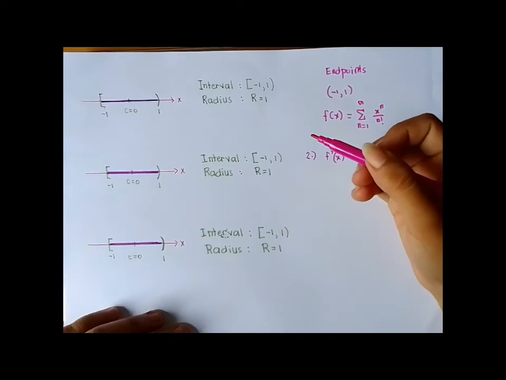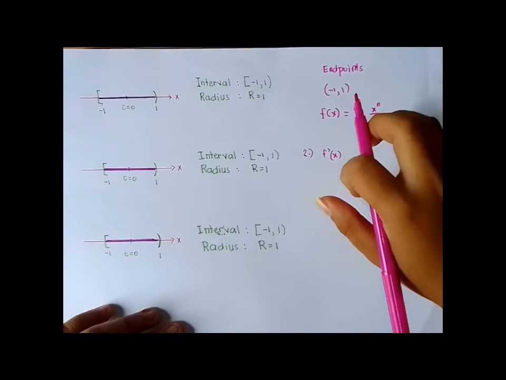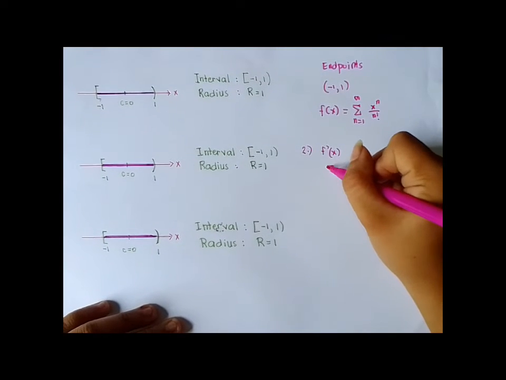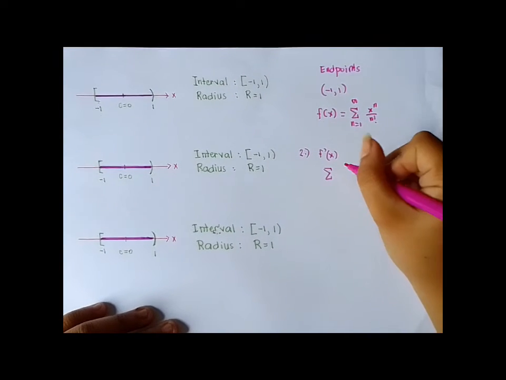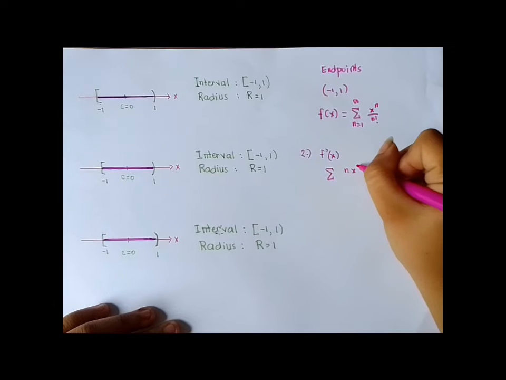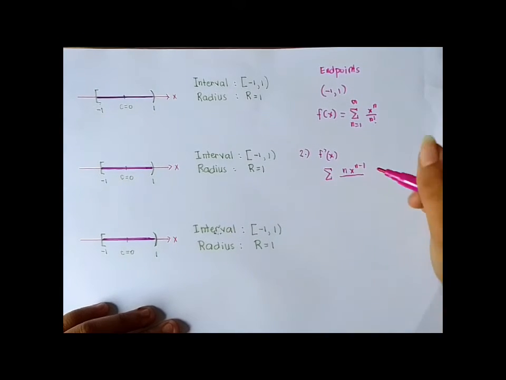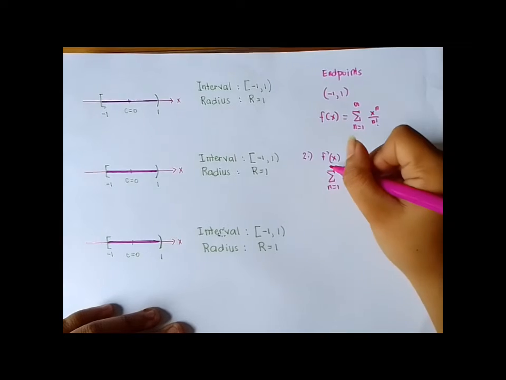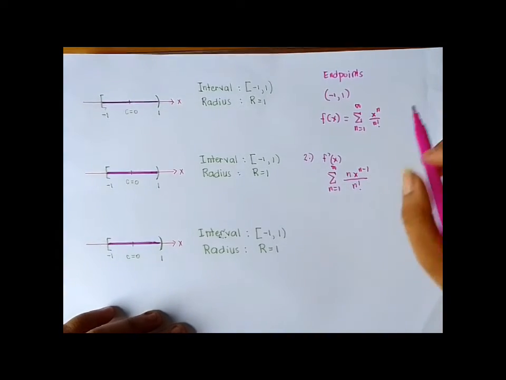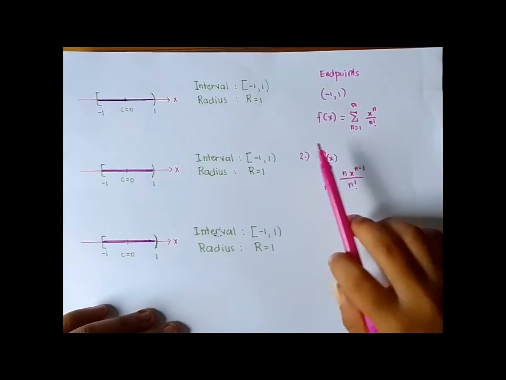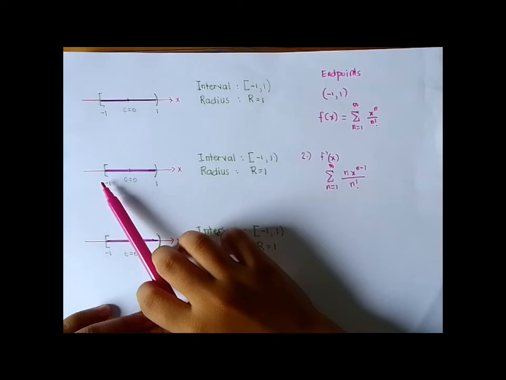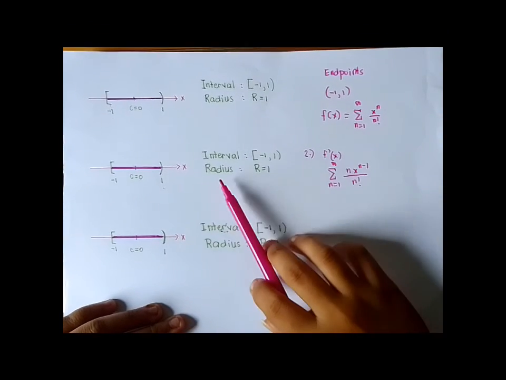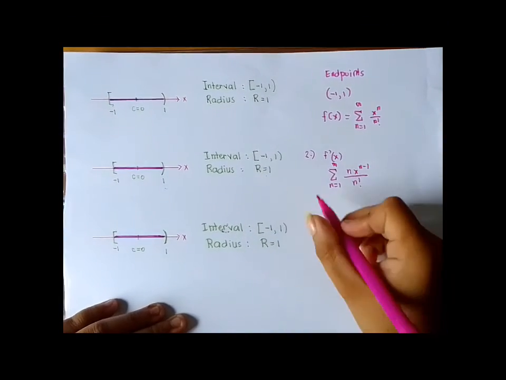And for number 2, after evaluating the endpoints of f prime of x, the sum of n x to the power of n minus 1 over n factorial as n equals 1 until infinity, it is found that the function is convergent at negative 1 and diverges at 1, given radius equals 1.